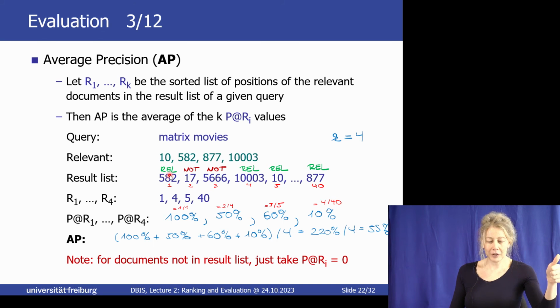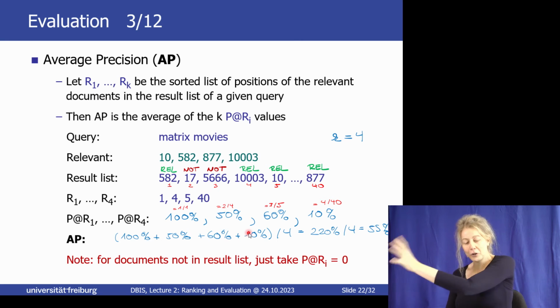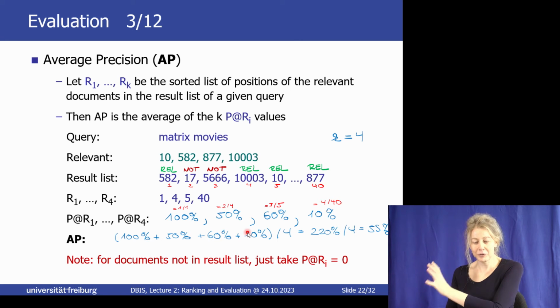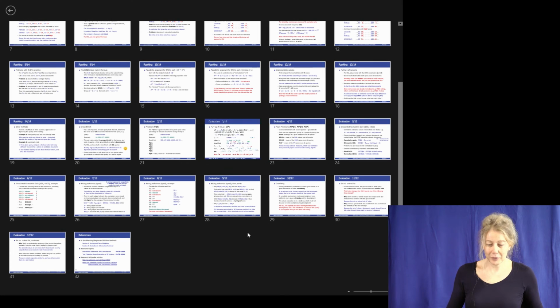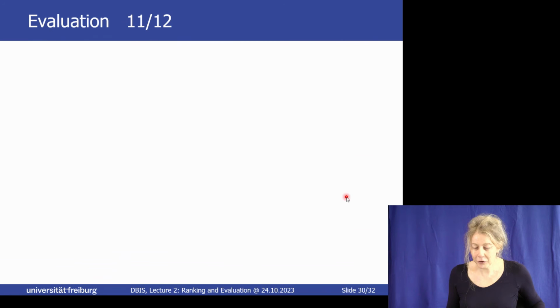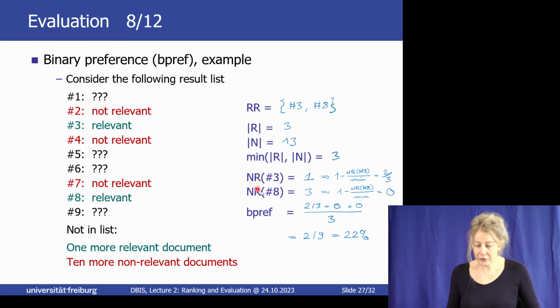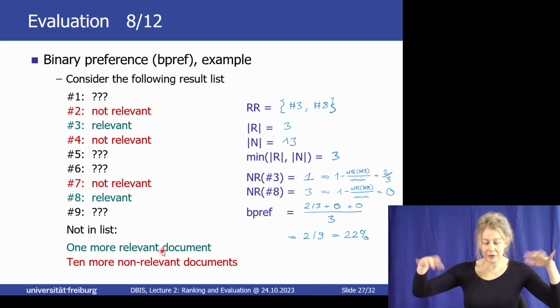It got the one document right, that's the 100%, and the others are nowhere to be seen. It's 0 plus 0 plus 0 divided by 4. I should punish that, and that's what all these measures do. If a relevant document is not even in my list, it counts as 0. And that's why I have the plus 0 divided by 3 here. Not being in the list is like being very, very far down.